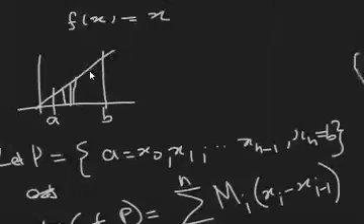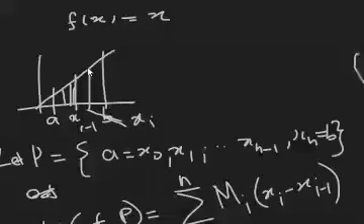So suppose this is the subinterval, this point is x_{i-1}, and this point is x_i. The function value at these points is f(x_i) and f(x_{i-1}). This function is increasing. Now consider the midpoint of this subinterval.